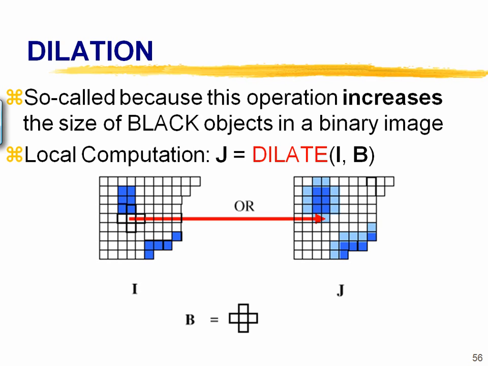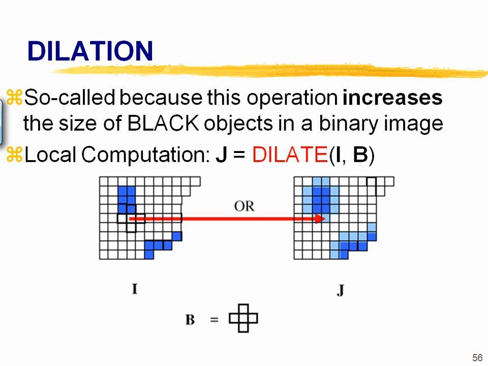Right. So the coordinates: this is i comma j, this is i comma j plus 1, this is i minus 1 comma j, and this is i plus 1 comma j. So those are my coordinates for the window.